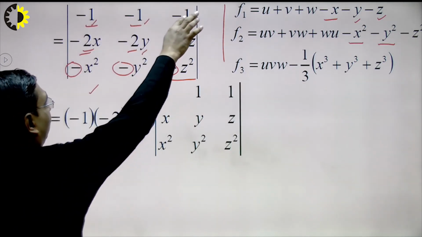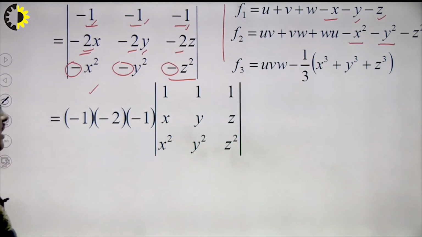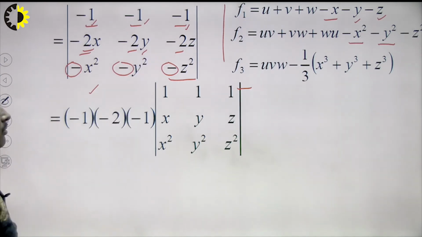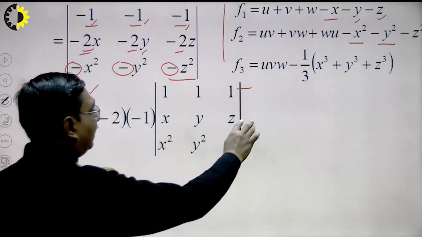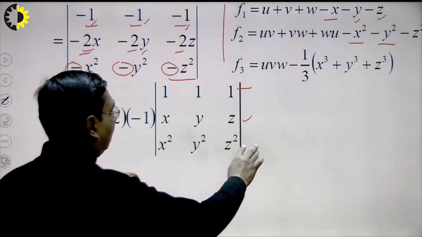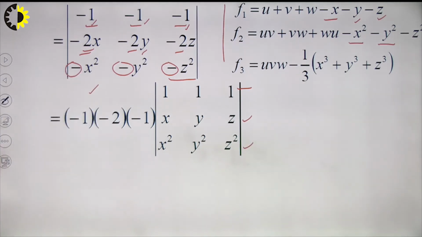Taking minus 1 common from first row, I obtain 1 1 1 here. Taking minus 2 common from second row, I obtain x, y and z, and taking minus 1 common from third row, I obtain x square, y square, z square.